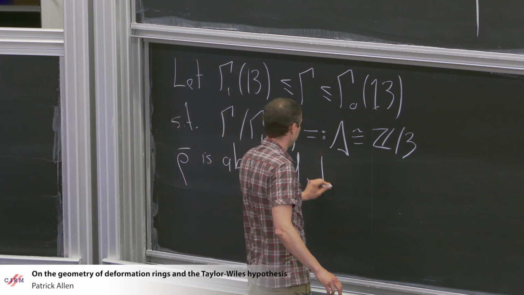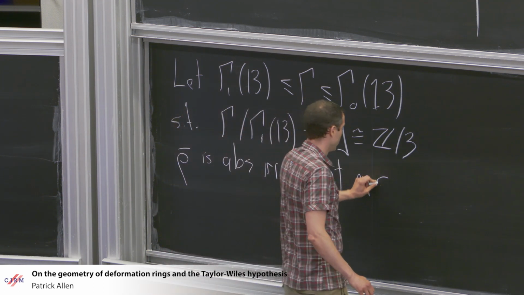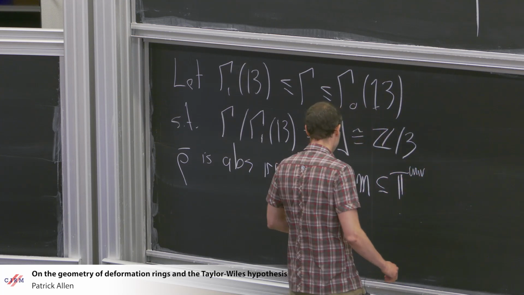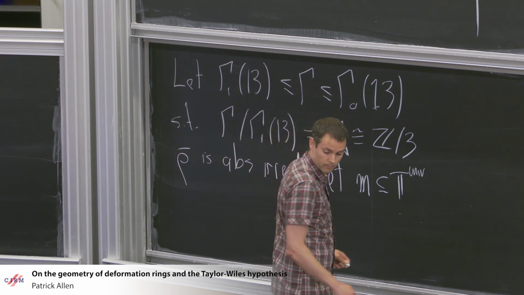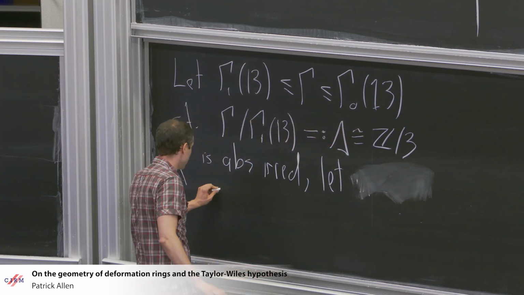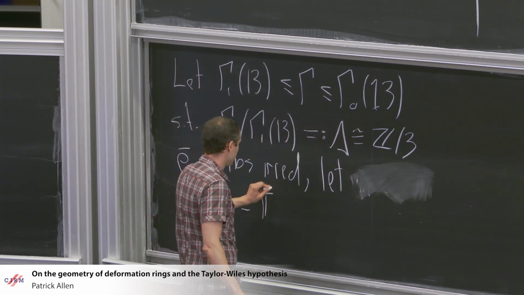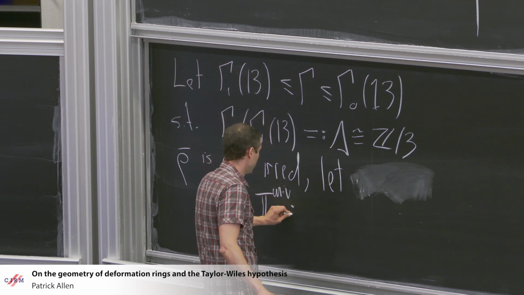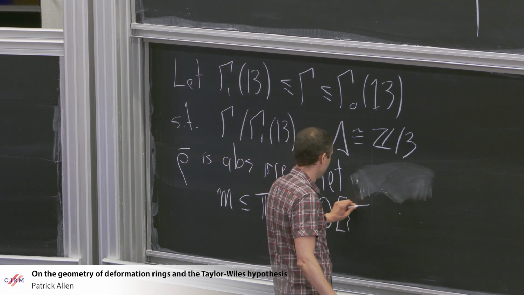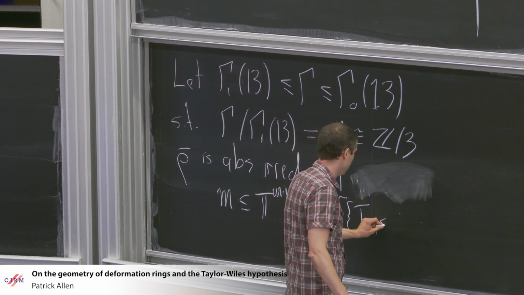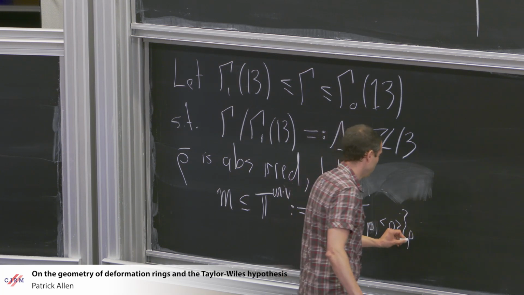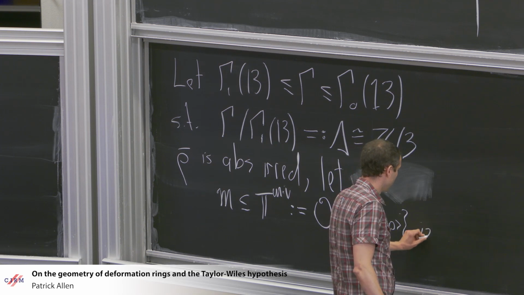So let m be a maximal ideal inside some universal Hecke algebra, which for me will be, let me go down a little bit more here, O, formal symbols T_p, or T_p, diamond_p, for p not equal to 3, 13.